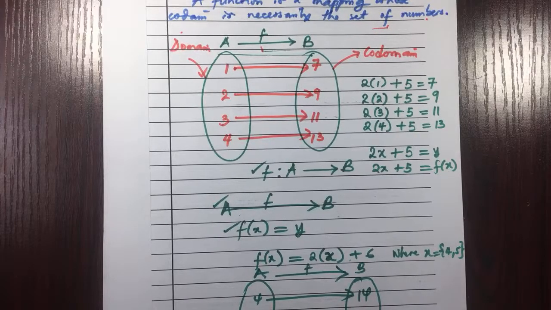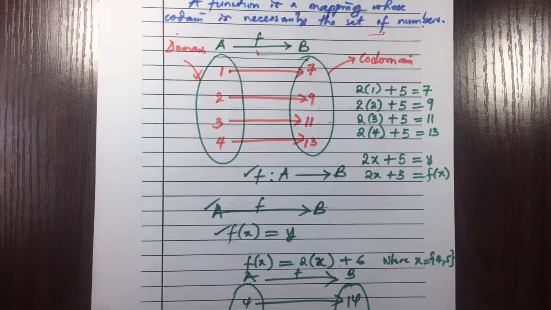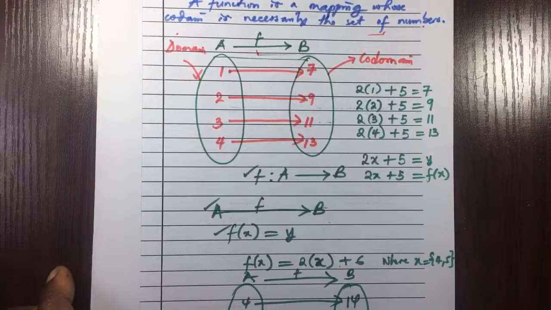The mapping is simply a rule that assigns an element in a first set, say A, the domain, a unique element from another set, a second set, say B, the codomain. So when a mapping has its codomain as the set of numbers, that mapping becomes a function.